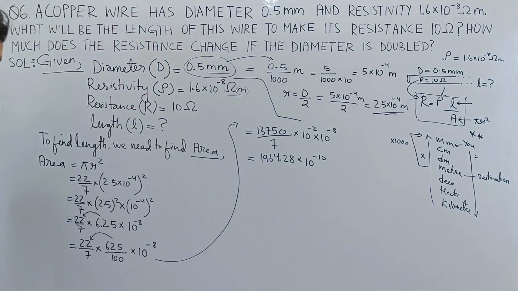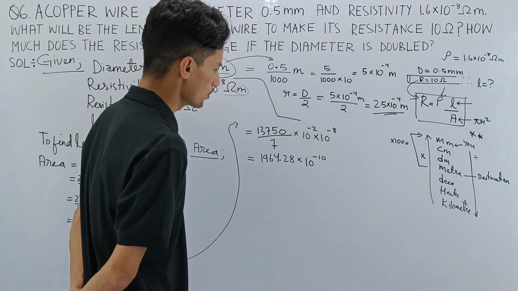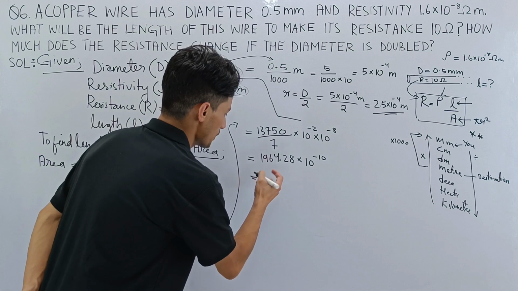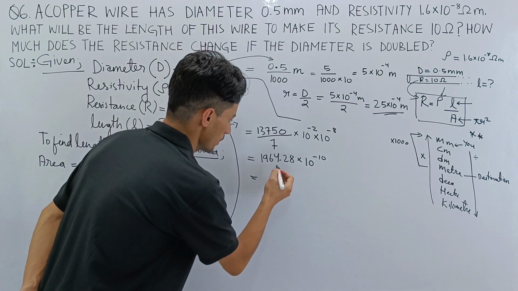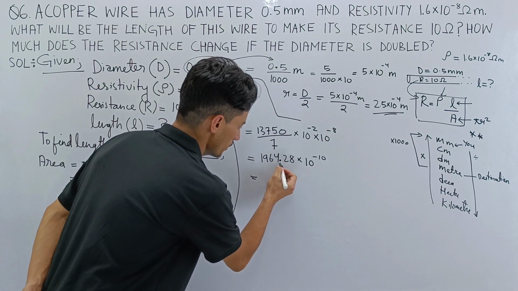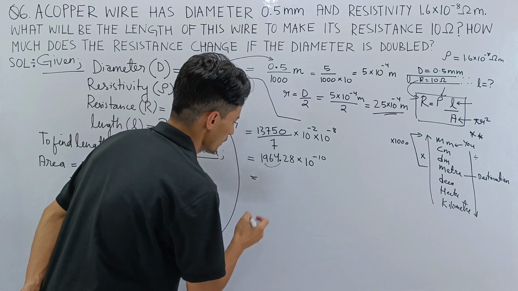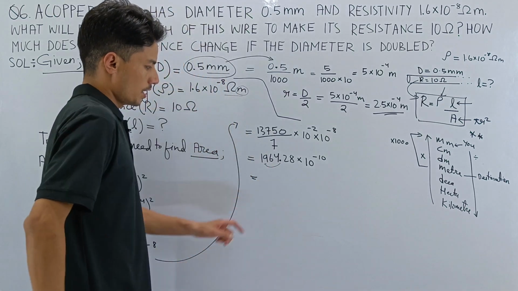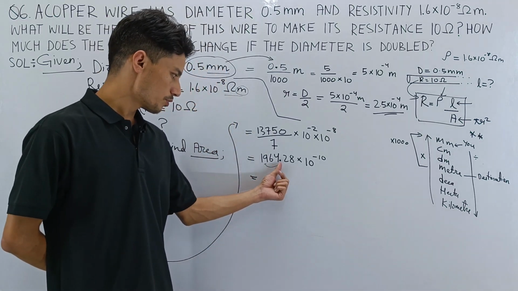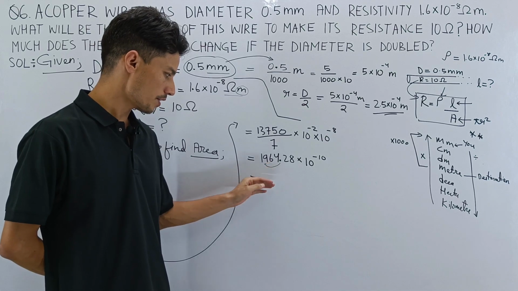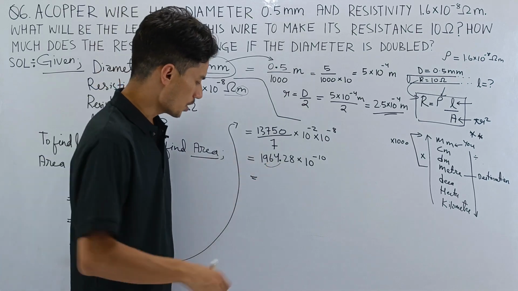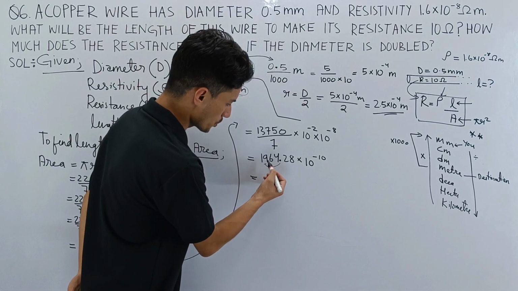So this is the value of area. So the area value we're getting is 1964.28 into 10 to the power minus 10. Okay, let's bring the decimal from here to here. So if I want to move the decimal from here to here, I have to divide. How many places am I moving? 1, 2, 3 places.